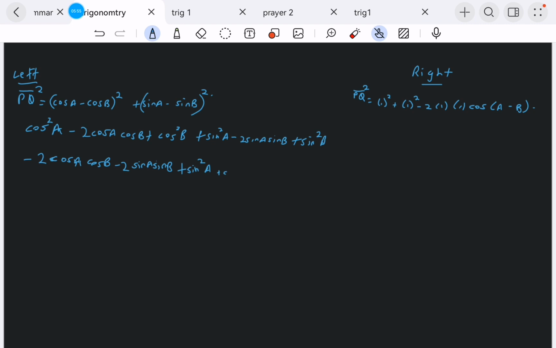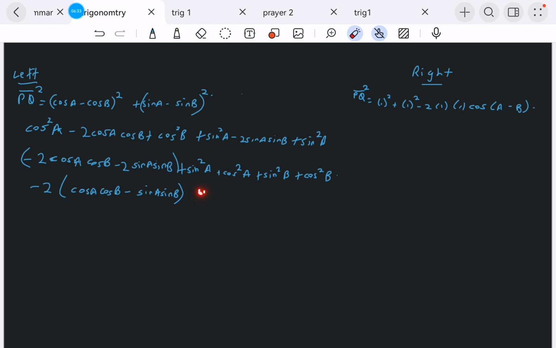Plus sin squared A plus cos squared A. Okay, and then what are the left like terms? Sin squared B and cos squared B. Okay, so plus sin squared B plus cos squared B. Good, so let's go ahead and factorize. So we are saying this is negative 2 into (cos A cos B minus sin A sin B). We're done up to here.